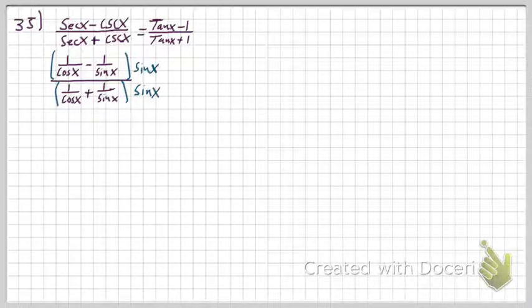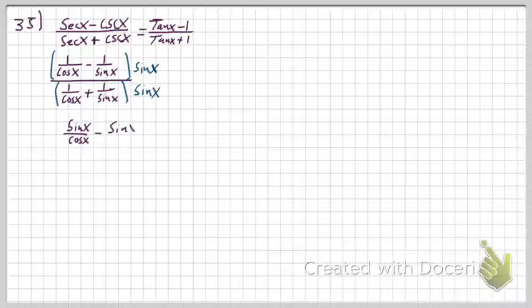All right, once I've got everything in terms of sine and cosine, I'm going to multiply through the top by sine and then the bottom by sine. And when I do that, you're going to see why this works out pretty well. So when I multiply that, that's sine over cosine.